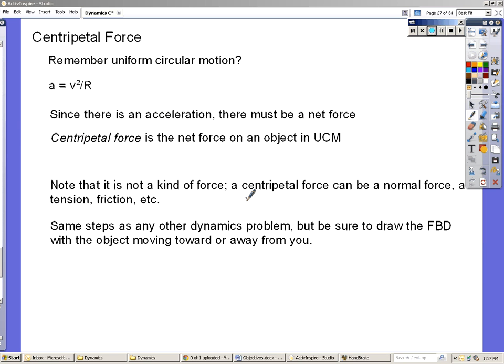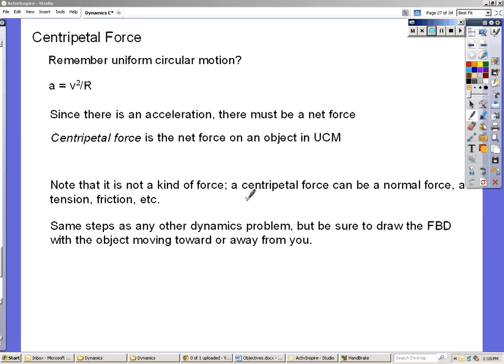Okay, in this video we're going to be looking at centripetal force, which is another review topic from last year. And you should remember uniform circular motion. We found that in uniform circular motion the speed is the same, but the velocity is changing because the direction of the velocity is changing.